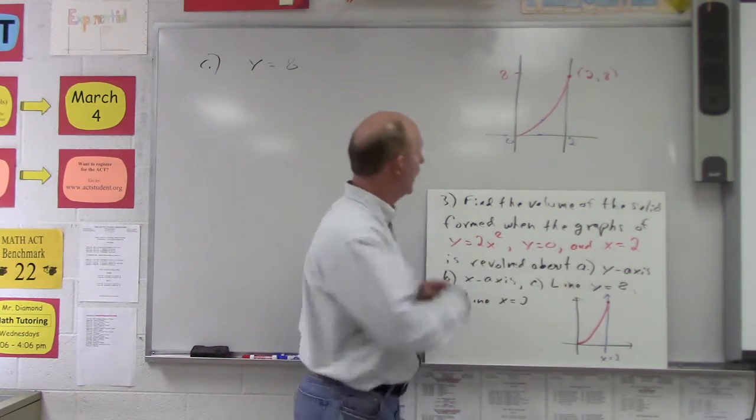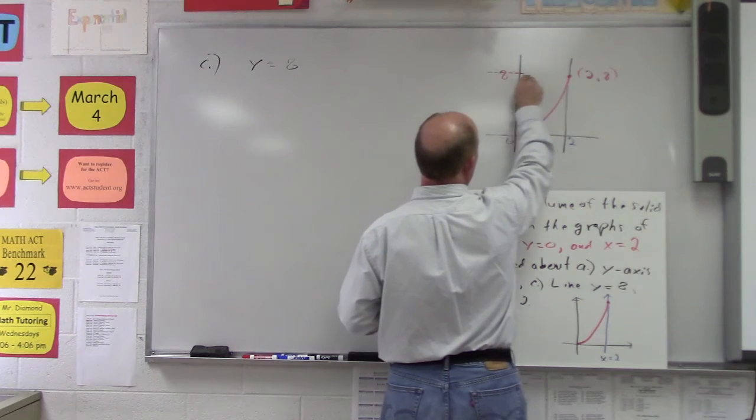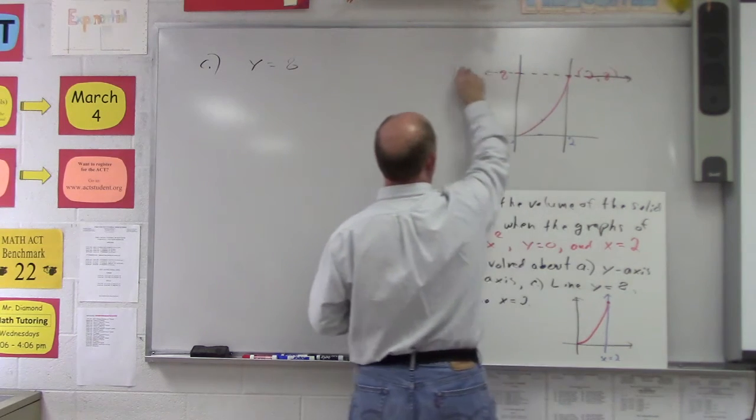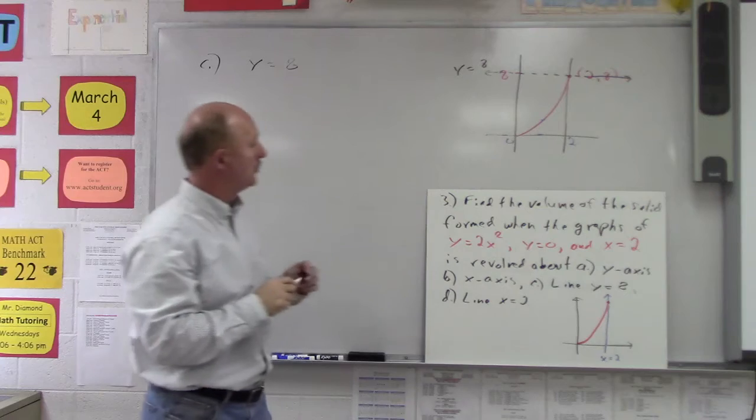So y equals 8 is simply a horizontal line, like so. That's going to be the line y equals 8.